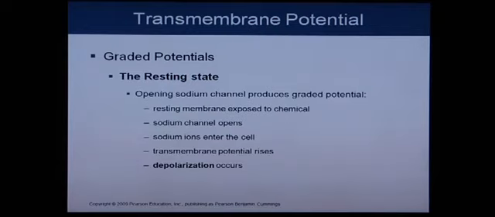Negative 60, negative 50, negative 40, negative 30, negative 20, negative 10, 0, positive 10, positive 20, positive 30. So we could go as far as positive 30. So depolarization, again, is when we take transmembrane potential from negative to more positive towards 0 or beyond.